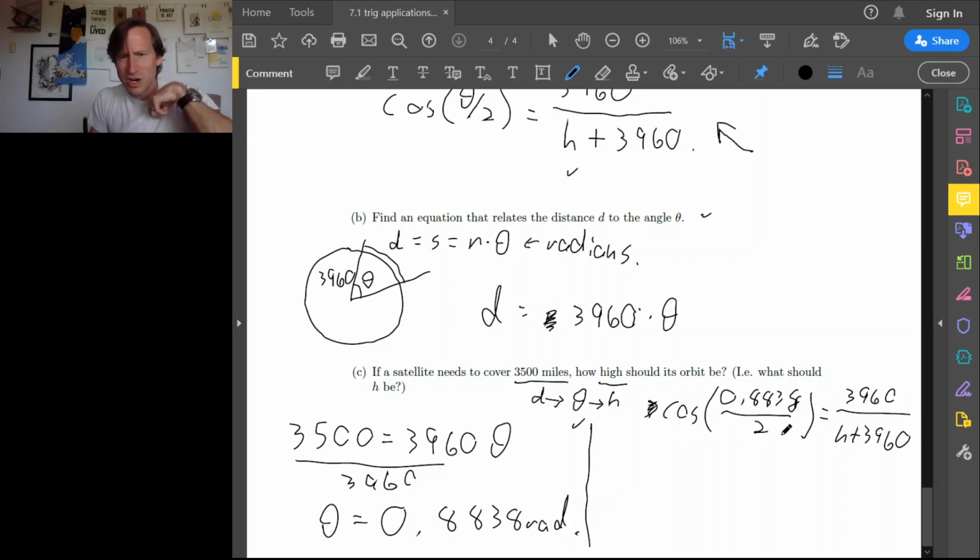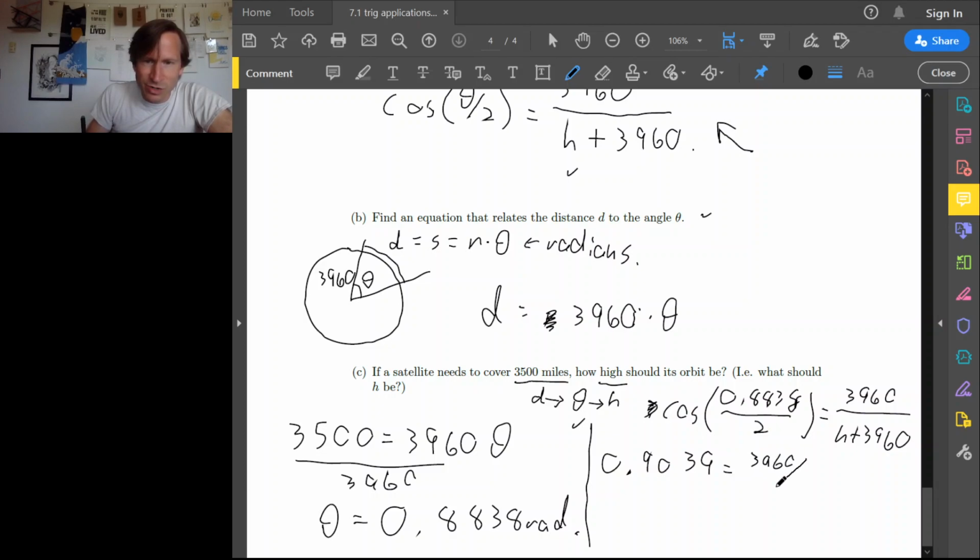So it looks like this time we aren't going to need to use an inverse trig function, just a regular trig function. Be sure you're in radian mode because that angle is in radians. So cosine of 0.8838 divided by 2. Okay, so this left-hand side is 0.9039 equals 3,960 over h plus 3,960.